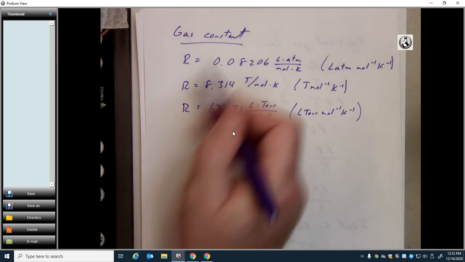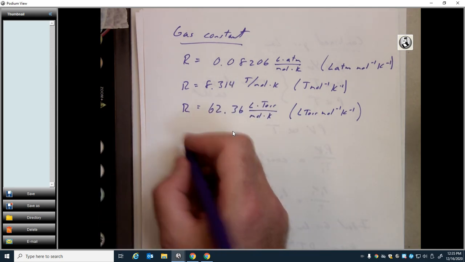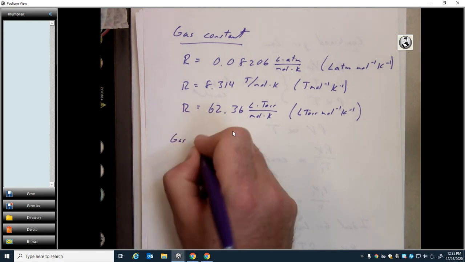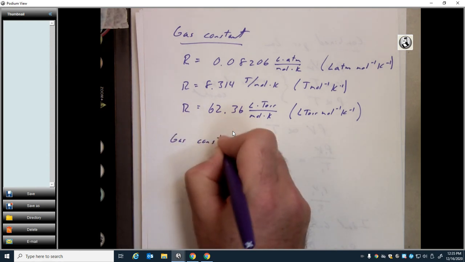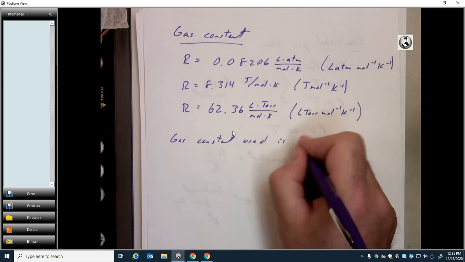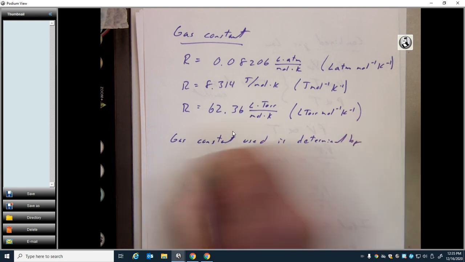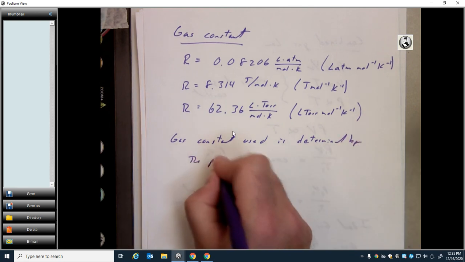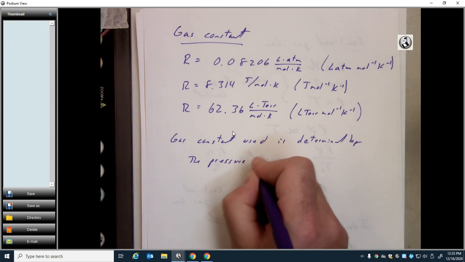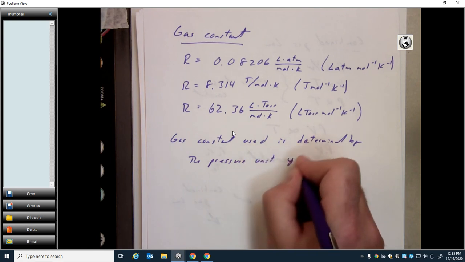Now, which one do you use in PV equals nRT? Well, the gas constant used is determined by the pressure unit you are in.